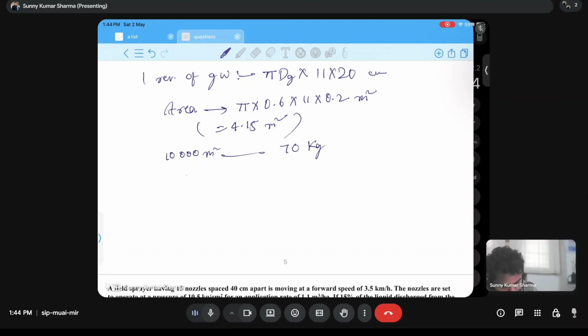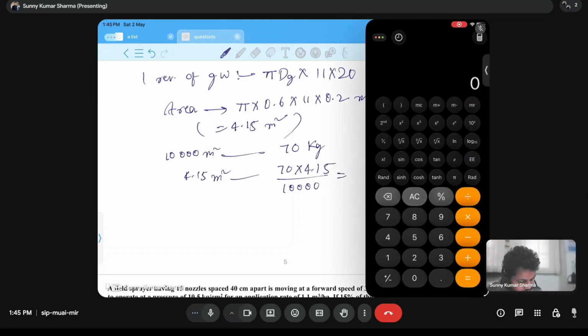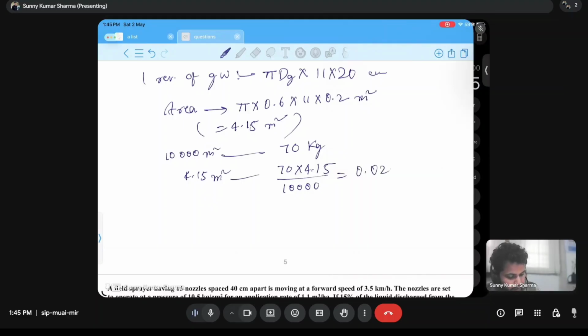So for 4.15 meter square, how much kg will we get? 70 into 4.15 by 10,000 meter square, which is 70 into 4.15 divided by 10,000, equal to 0.029 kg.